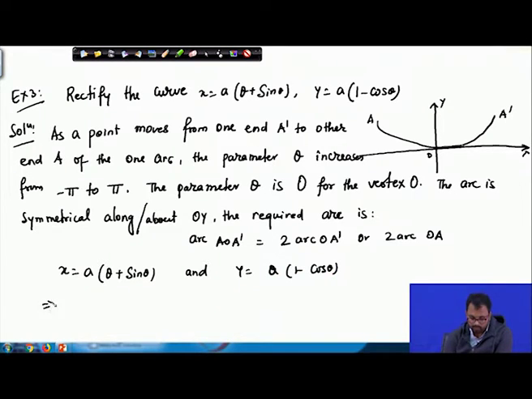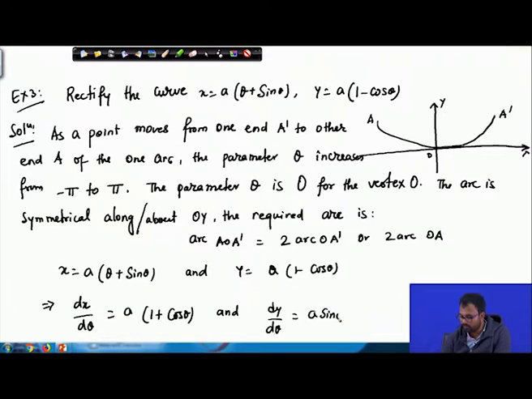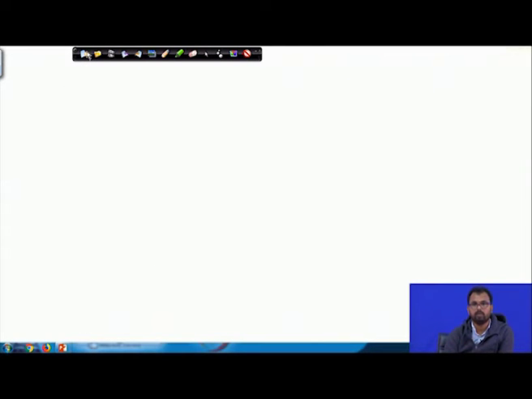From here we have dx d theta equals a times 1 plus cos theta, and dy d theta equals a times sin theta, isn't it? That is what we get by doing the differentiation.